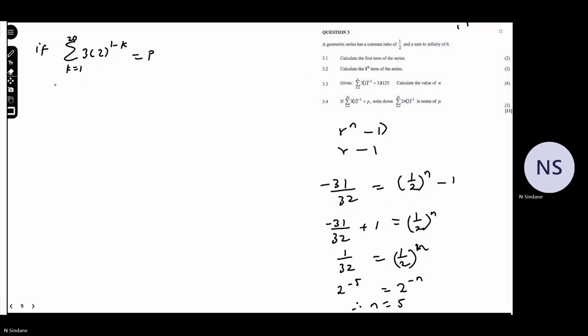Meaning S20 for this is equal to p, right? And then they're saying write down this one, which ends at 20 as well and starts at 1, 24 into 2 to the power negative k. You must write the sum of this in terms of p, right?